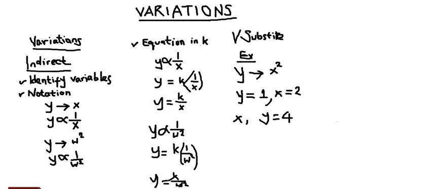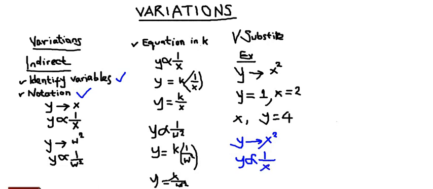Okay, so since this is inverse variation, we're going to start with our first step: the variables that are varying here. We have y, which is varying inversely as x squared. So we need to get the notation right. The notation is y varies inversely as x squared.